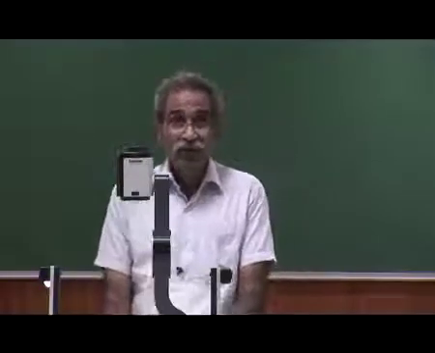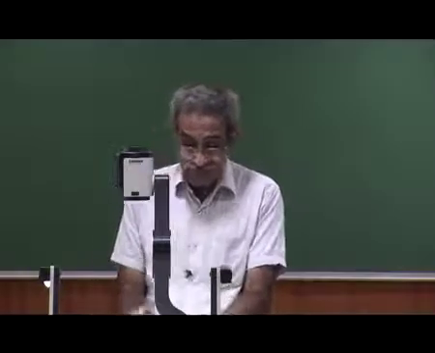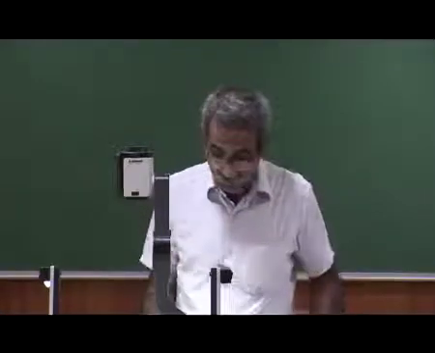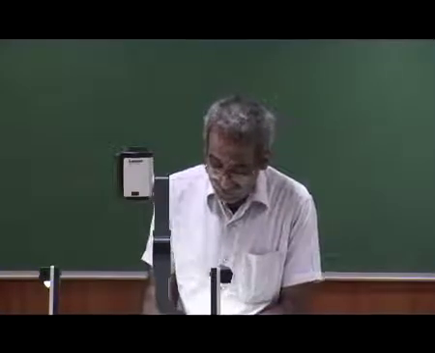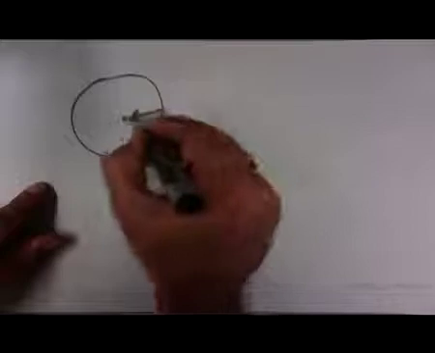Therefore, I would like to leave it as an exercise for you to find out what is G effective. So let me write that for you. You have the earth here. The gravitational force is acting inwards. The centrifugal force is acting outwards.